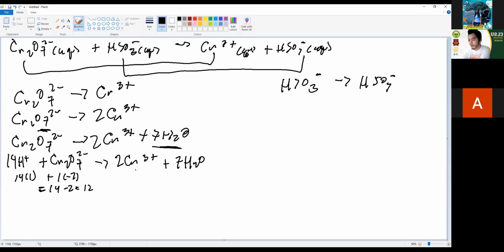Pero dito, 2Cr, 3 plus, so 2 times 3. Pero sa water, since neutral, 7 times 0. So 6 plus 0 is equal to 6. So dito 12, dito 6. So ang gagawin natin dito, paliliitin natin yung 12 para maging 6.